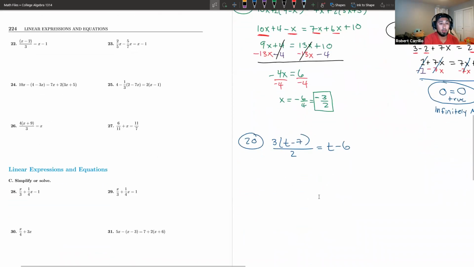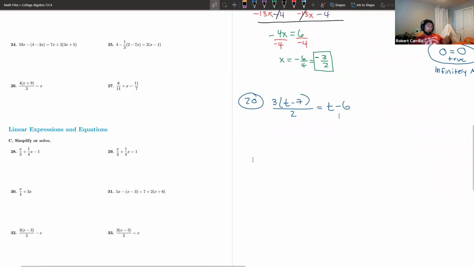Okay. So here we need to solve for t, but we have to get rid of this pesky 2. Anybody know what to do with it?